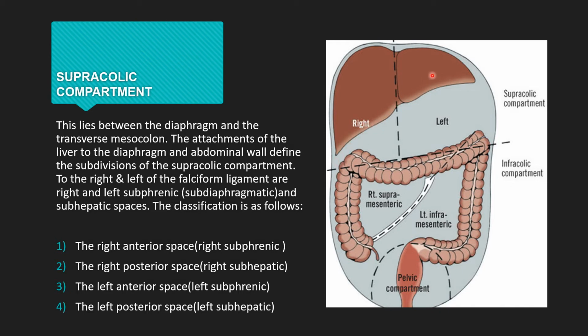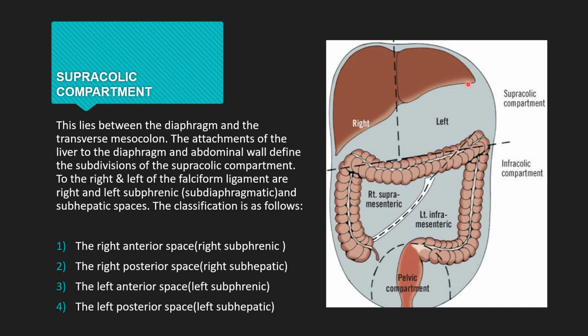On the left, the left anterior space, also known as the left subphrenic space, will be between the diaphragm and the left lobe of the liver, while the left posterior space or the left subhepatic space lies over here, just below the left lobe of the liver. We will discuss those spaces in a bit more detail in the next slides, where they are located and what clinical significance they have.